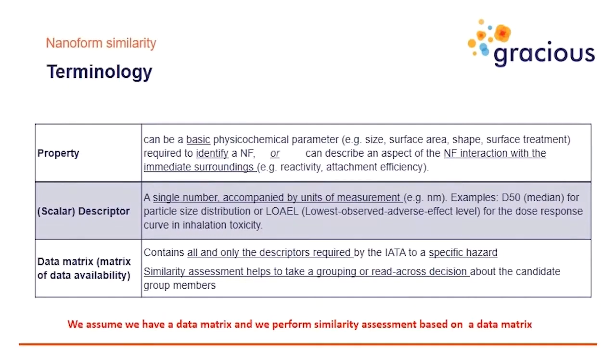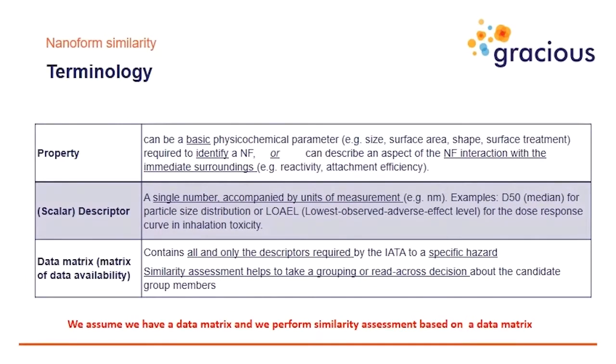First, let's have some definitions adopted by the Gracious Similarity Task Force. A property can be a basic physical parameter, for example size, surface area, shape, or surface treatment, required to identify a nanoform. Or it could be a property to describe an aspect of nanoform interaction with the immediate surroundings, for example reactivity or attachment efficiency.